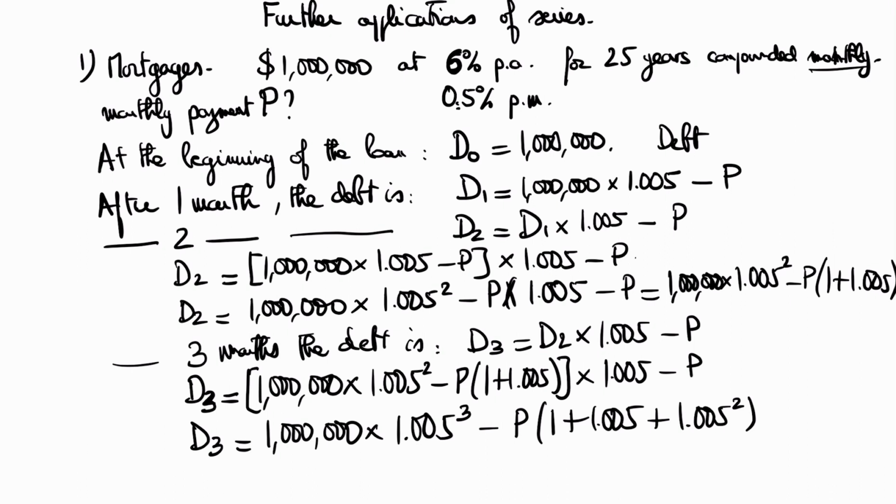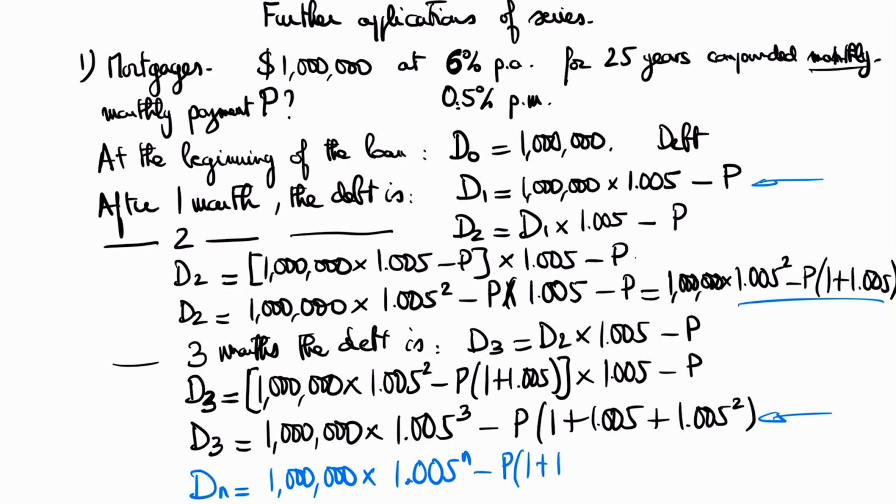Right. Okay, well, you can see that there is a pattern here, from here to this one, and even this one. The pattern is that at the end of month n, the debt is going to be Dn equals 1 million times 1.005 to the power of n, minus P times (1 plus 1.005 plus up to 1.005 to the power of n minus 1).